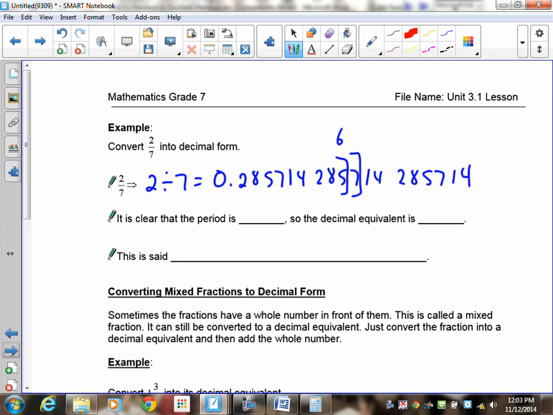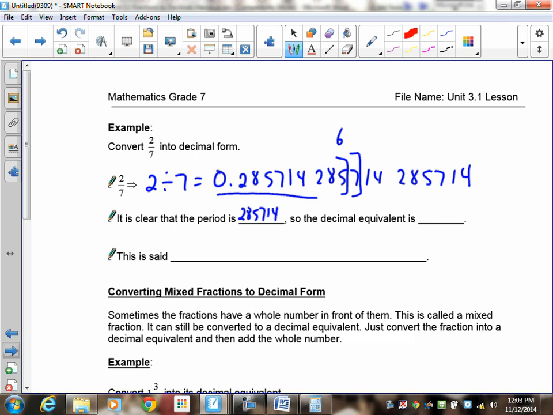Now you have to look at your calculator to find out what's going on. Now here's the thing. If it's a fraction and you have a number which goes on like this, it will repeat. Okay? It has to repeat. It's the definition of a rational number. So it's clear in this case that the period is 285714.